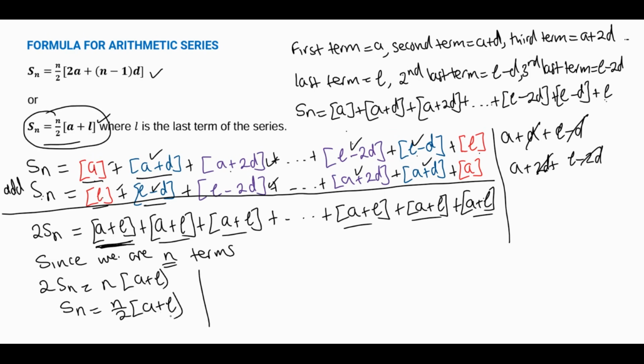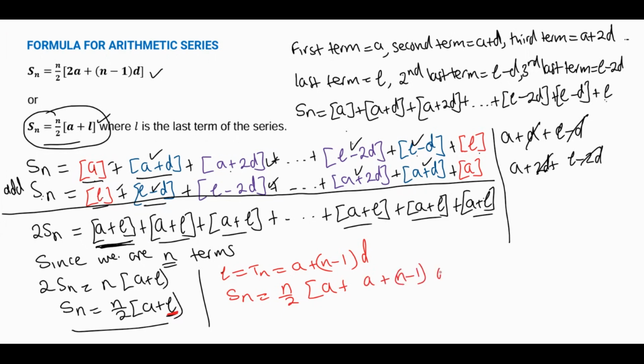And then from this formula, we know that l, which is equal to Tn, is equal to a plus (n minus 1)d. So meaning that we can replace this l with a plus (n minus 1)d. So saying Sn is equal to n over 2 times, a plus, and then we say a plus (n minus 1)d.